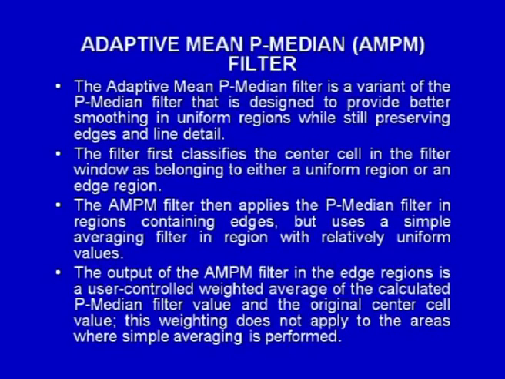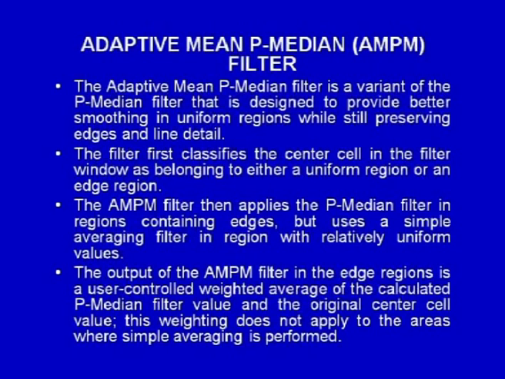The next filter to be considered is the adaptive mean P median, or in short AM-PM filter. The adaptive mean P median filter is a variant of the P median filter that is designed to provide better smoothing in uniform regions while still preserving edges and the line details. The filter first classifies the central cell in the filter window as belonging to either a uniform region or an edge region.